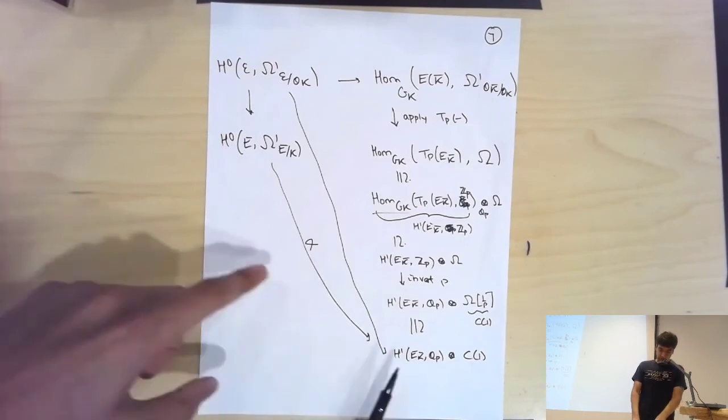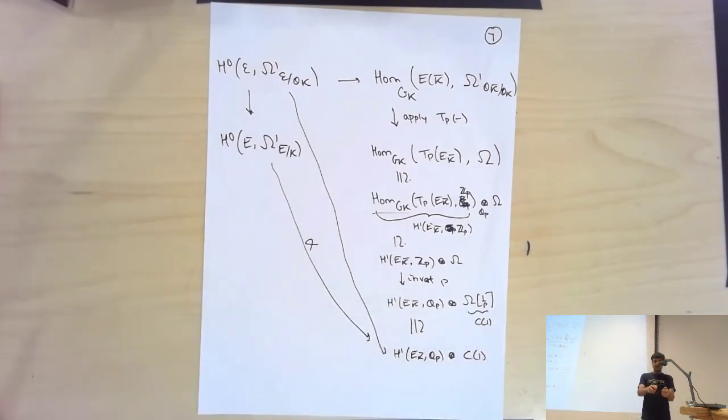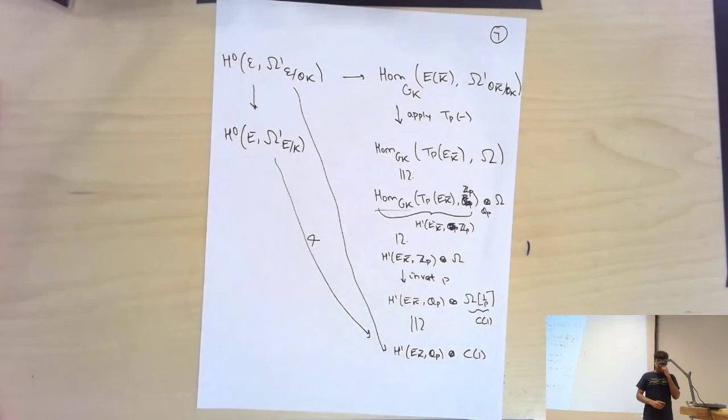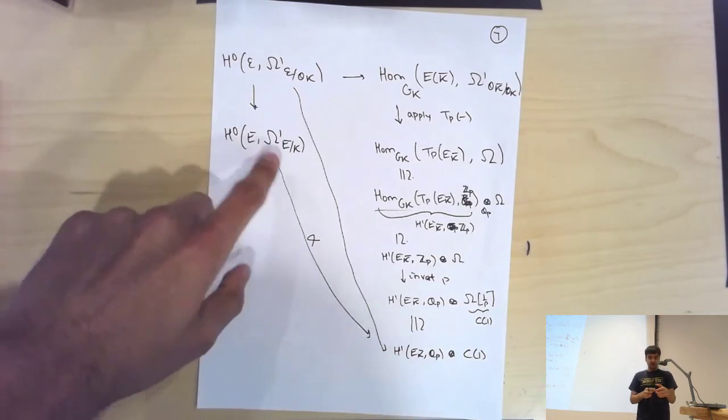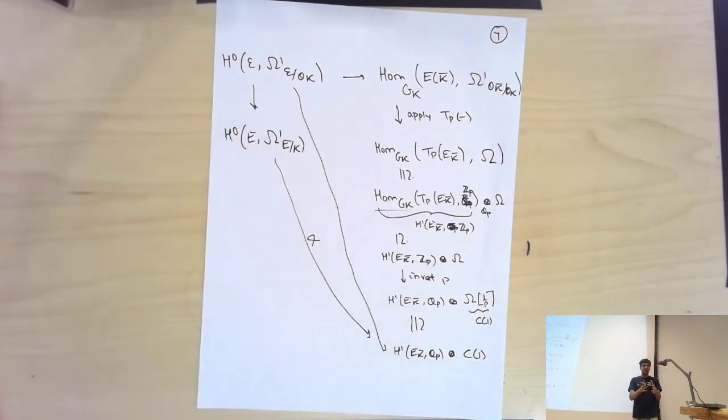And as you can see, it crucially relies on the fact that we have a relation between the differential forms on OK bar and the Tate twist of 1. And this is the connection between differential forms on E and the Tate twist of Galois cohomology. And I'm not proving that this map is an isomorphism. Fontaine gives a really nice argument for proving that this map is injective just in terms of formal groups.